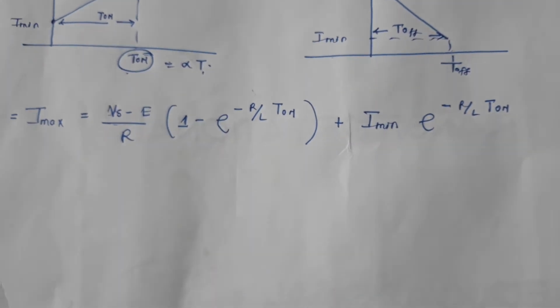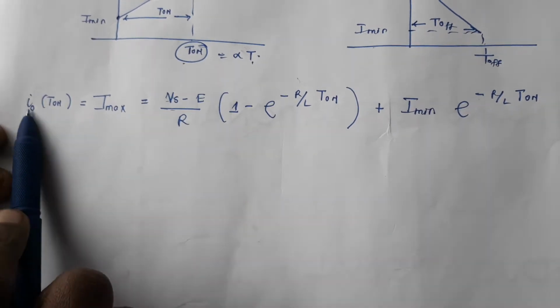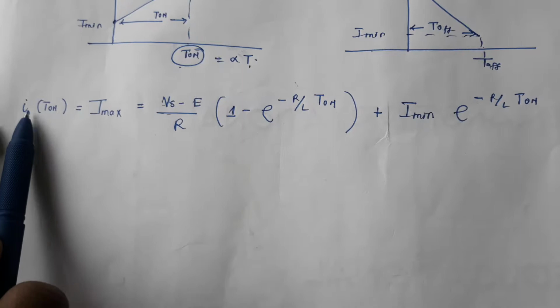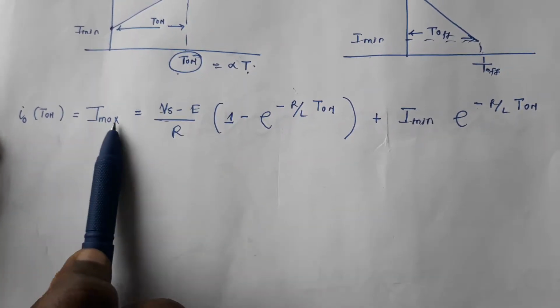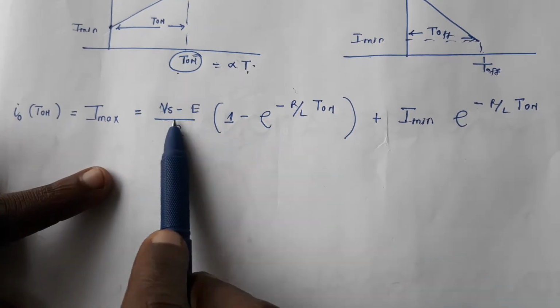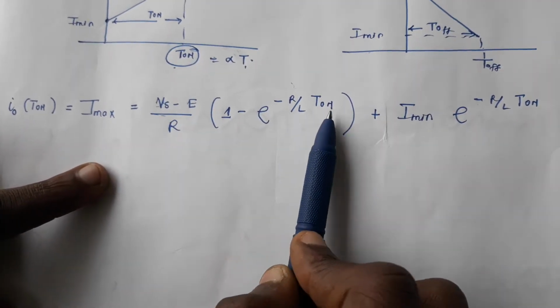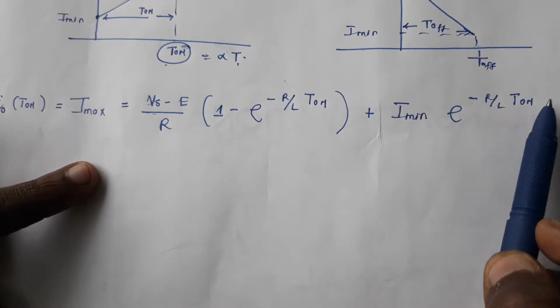So this was exactly what I explained before: this is the expression for mode 1. When you evaluate it at T on, you get Imax, which is Vs minus E over R, times 1 minus exponential minus R over L T on, plus Imin exponential minus R over L T on.